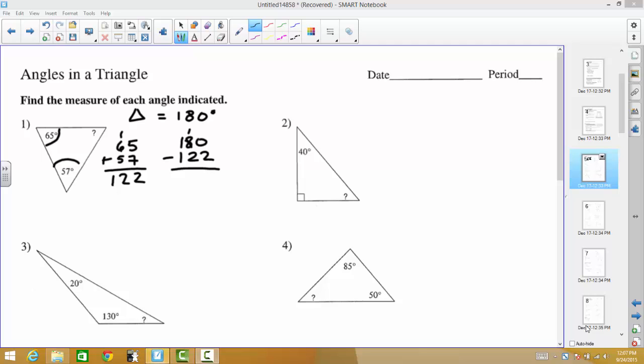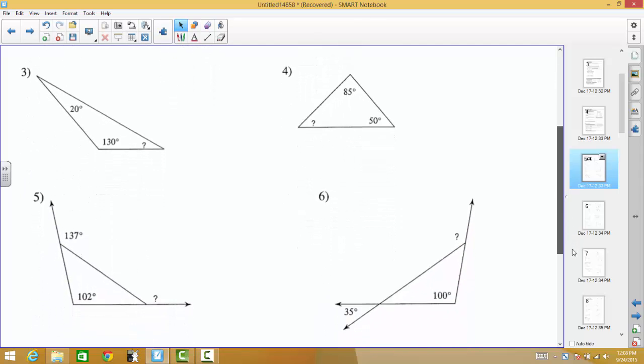So we're going to borrow from the 8. So this is a 10. I should say 7. So 10 minus 2 is 8. 7 minus 2 is 5. So 58. And when you get your answer, you want to look and make sure that, yeah, that looks right. Because we know 3 60s is 180.